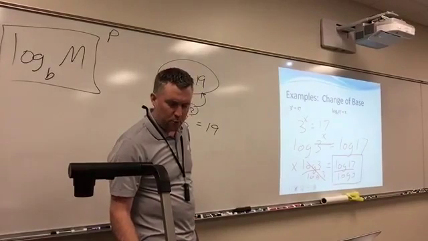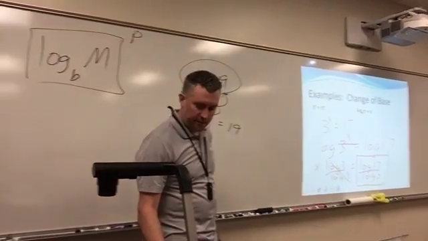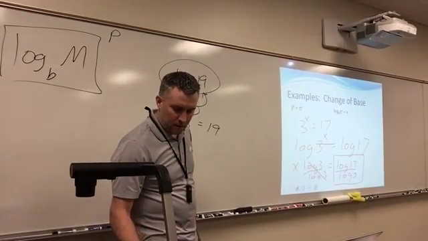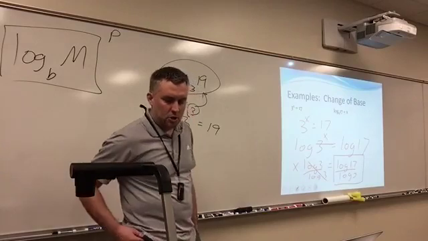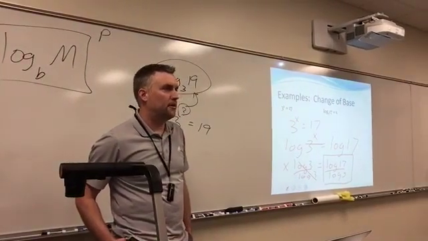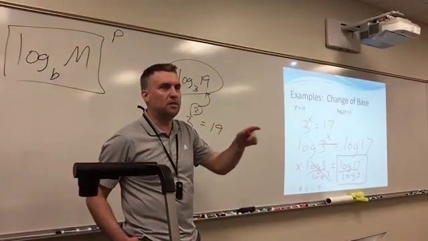I get 1.23. You get that for the numerator? And then hit divided by log 3. My final answer is 2.5789. Everybody get that on their calculator? We said it was going to be somewhere between 2 and 3, so that makes sense, right?